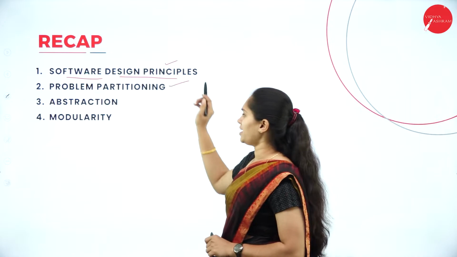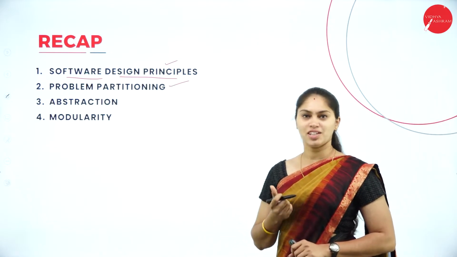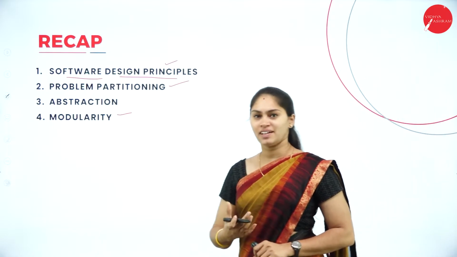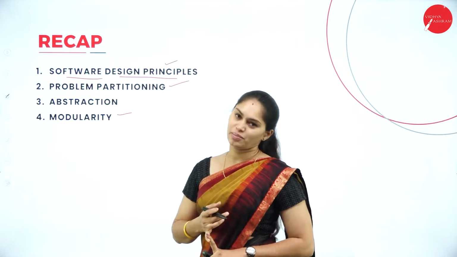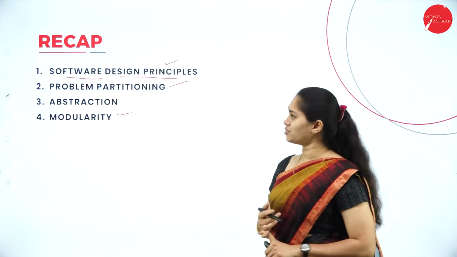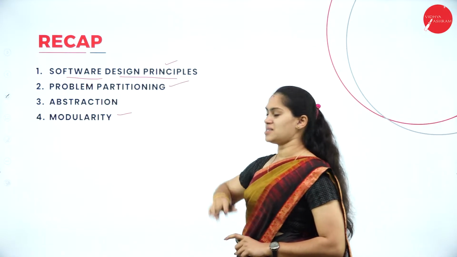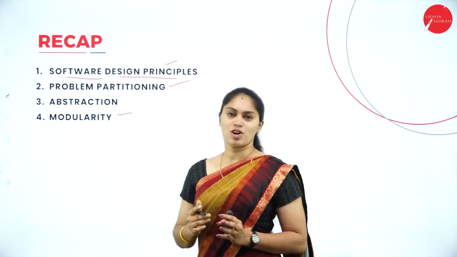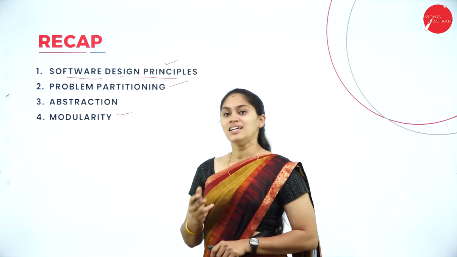The problem needs to be partitioned, abstraction needs to be maintained, and also we have modularity. Along with that we have a design approach. It can be a top down approach or a bottom up approach. By making use of all those 4 elements of the software design principles, we can reduce the complexity of development of software, and it will also reduce the number of errors.